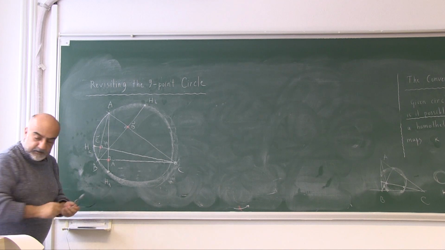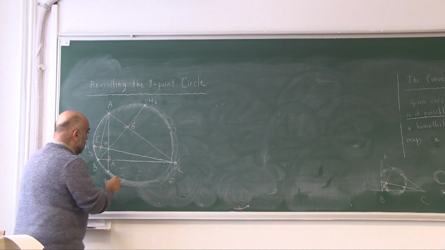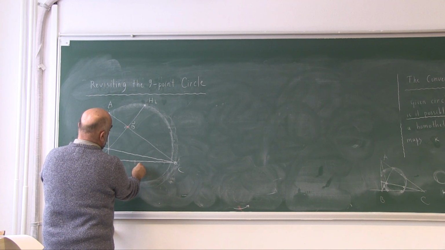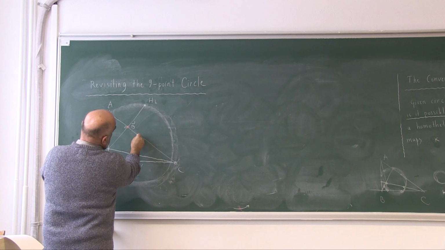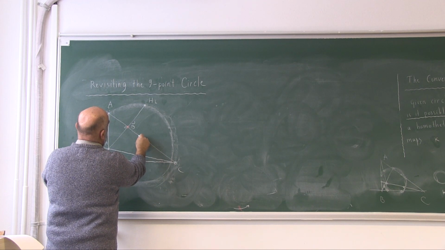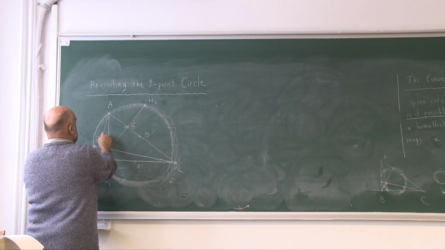So next comes the 3 midpoints of the sides. So this is A prime. This is B prime, and this is C prime.